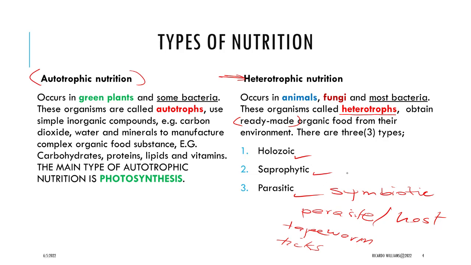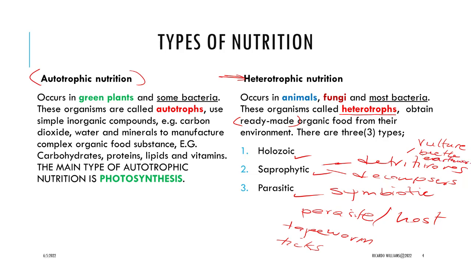Now, saprophytic is a type of nutrition with basically two groups of organisms. You have the detritivores and you have the decomposers. The detritivores are things like the vulture, and small animals like a beetle or even an earthworm.